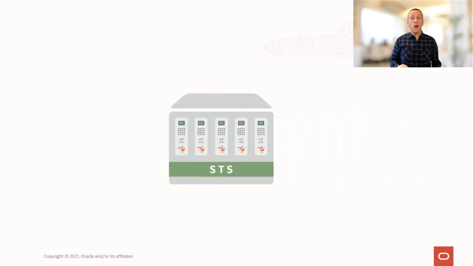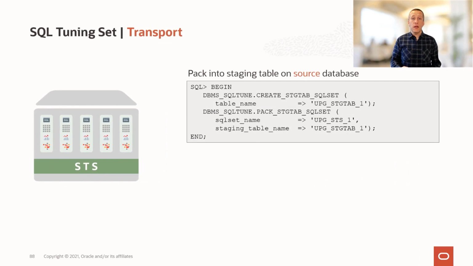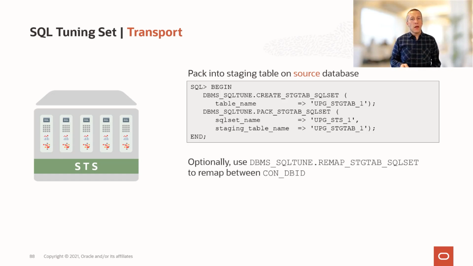Now that we've taken all our important statements and put them into a SQL tuning set, we can now pack it into a staging table so we can transport it. So we extract all the information from the data dictionary, put it into a transportable format, and store it in a single staging table. If you are going from non-CDB to PDB or between PDBs, you might have to remap the DB ID.